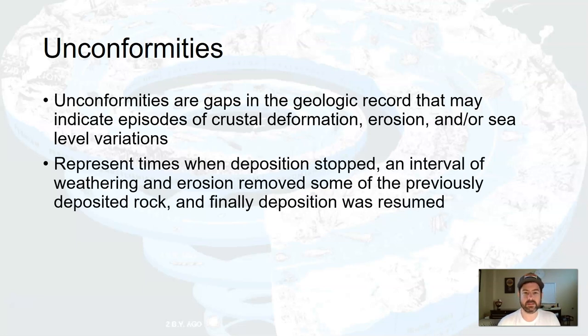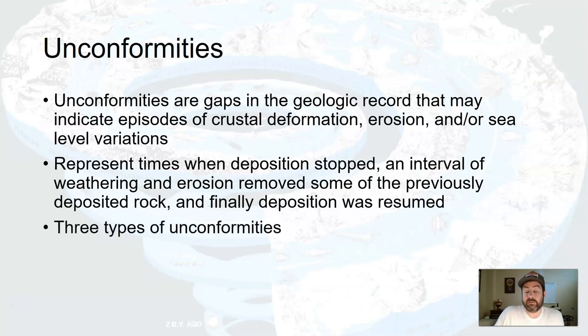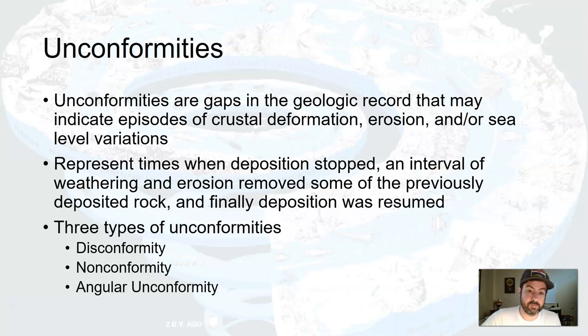They represent when deposition stopped, an interval of weathering and erosion removed some previously deposited rocks, erasing layers that were already there, and then deposition occurred again. Something weird happened. There's missing information. That's called an unconformity. And there are three types of unconformities, and we'll talk about each: a disconformity, a nonconformity, and an angular unconformity.